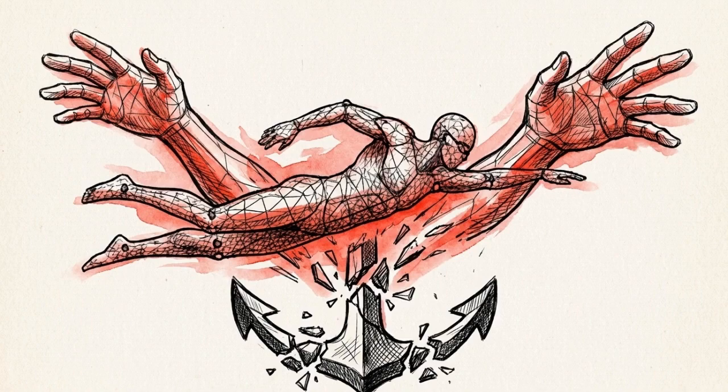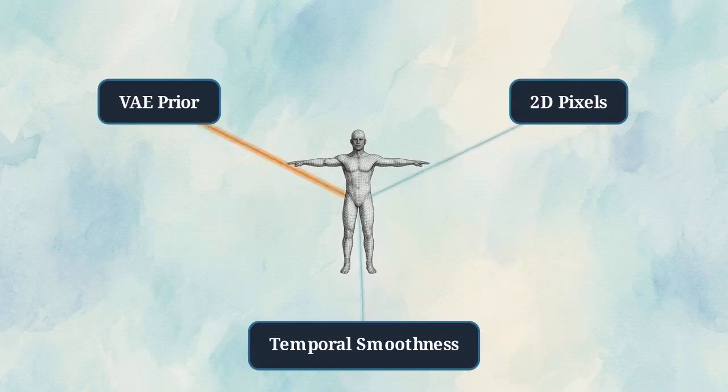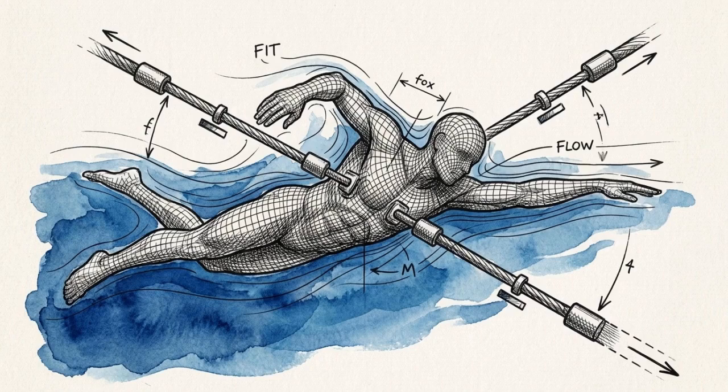Without the VAE and PARE acting as an anchor, the reprojection loss would dominate. The system would twist the limbs until they matched the refracted pixels on screen, resulting in broken joints. The final pose is solved through the tension between these constraints, matching the observed 2D pixels, while remaining within the 3D anatomical rules enforced by the VAE.